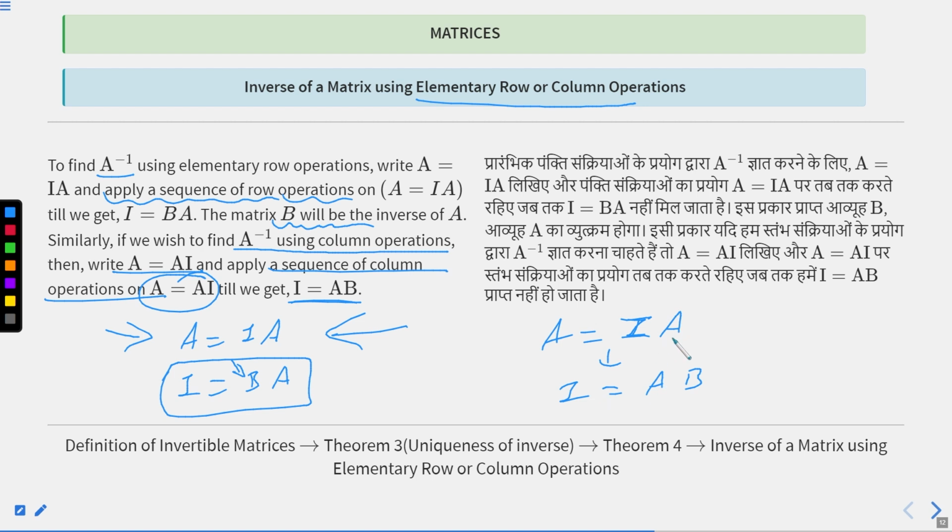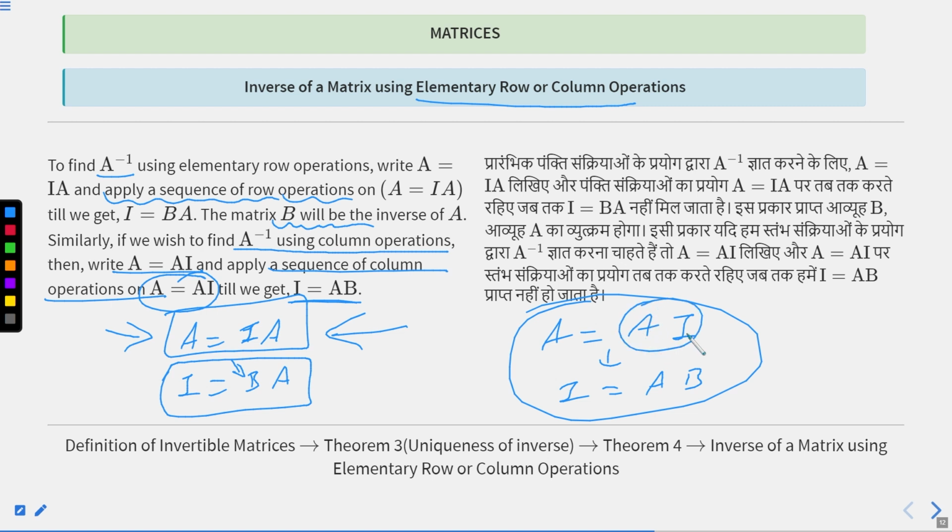Sorry, this is AB, not this. So the only difference is here we are writing IA, here we are writing AI. I hope that it is clear.